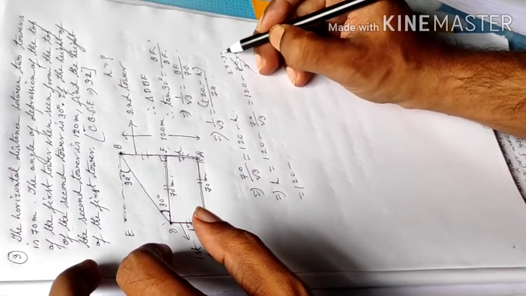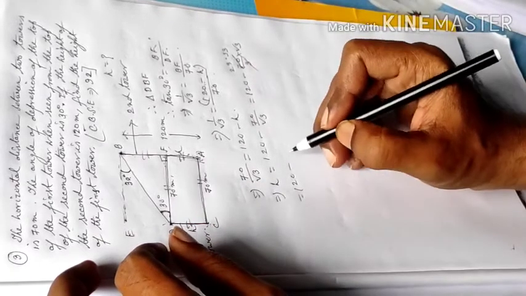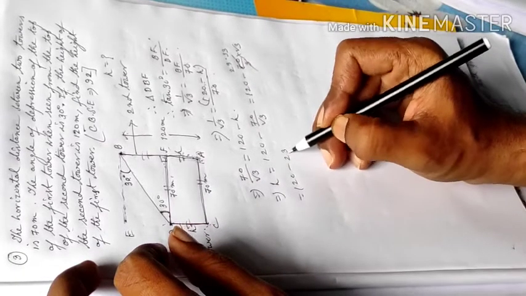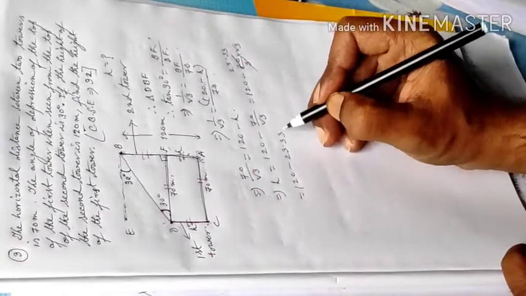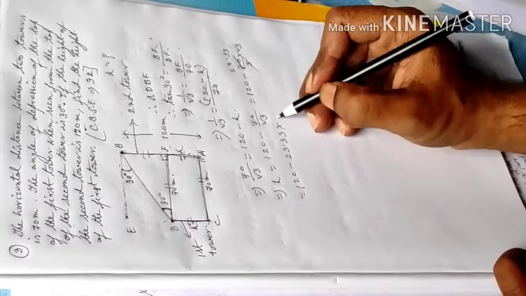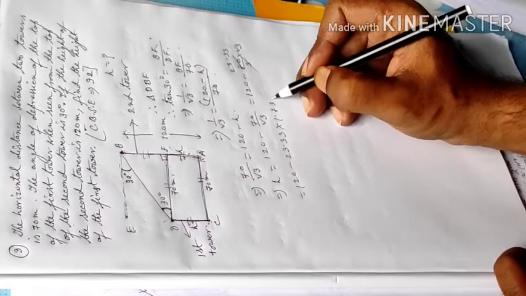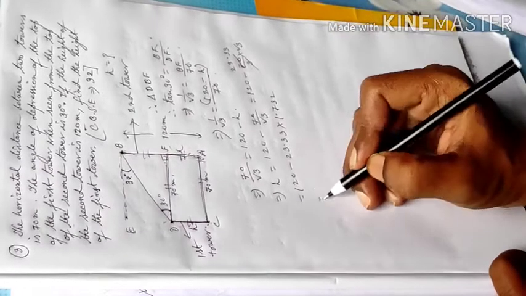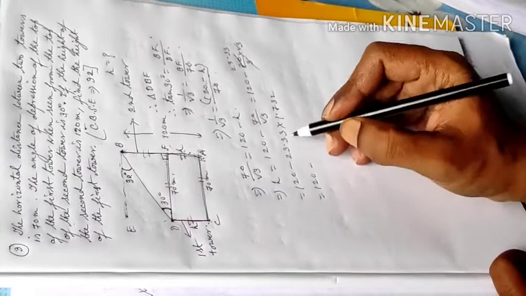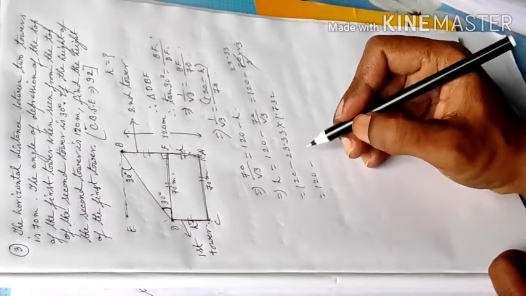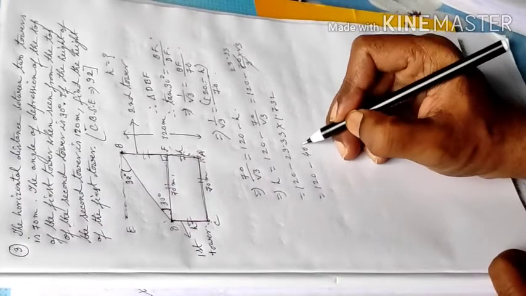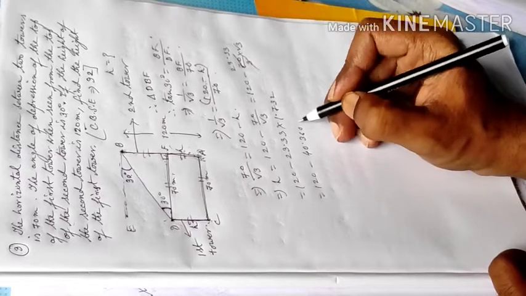23.33 into root 3, where root 3 is 1.732, is equal to 120 minus, if you multiply this, the result will be 40.360.